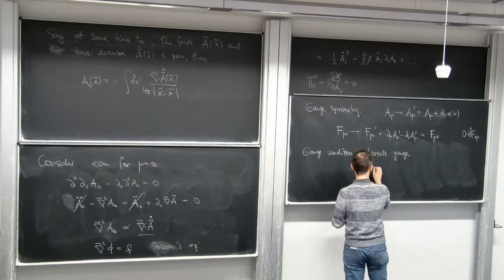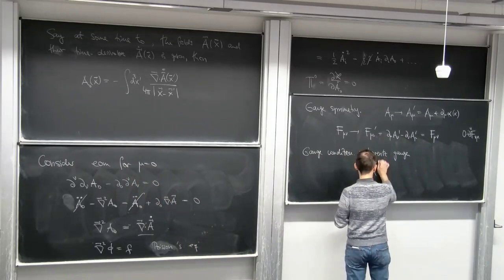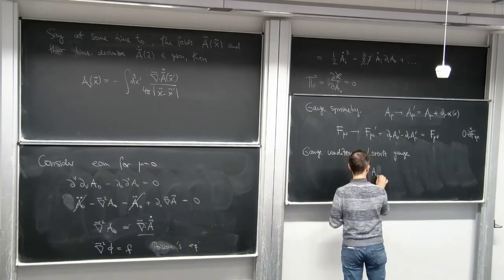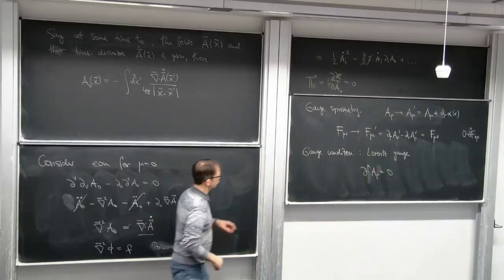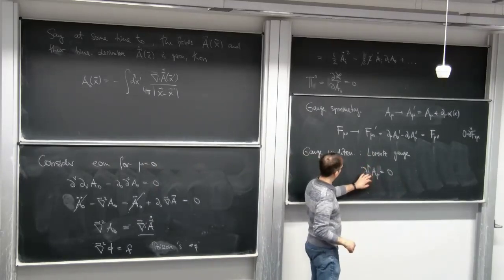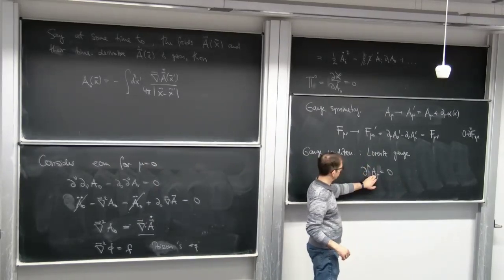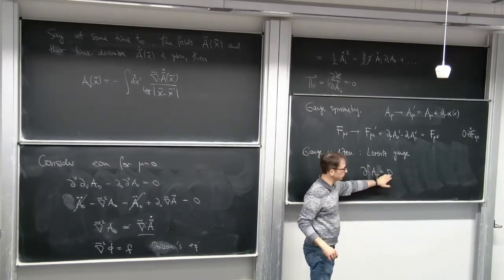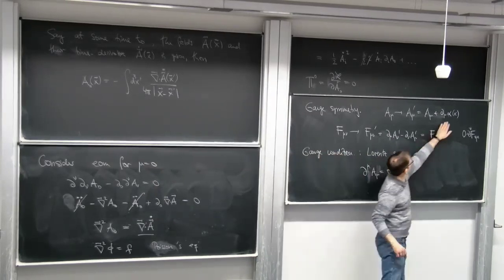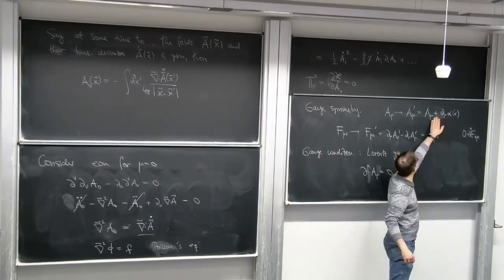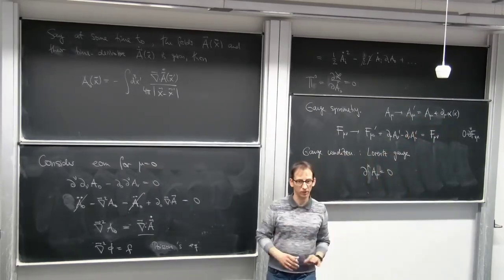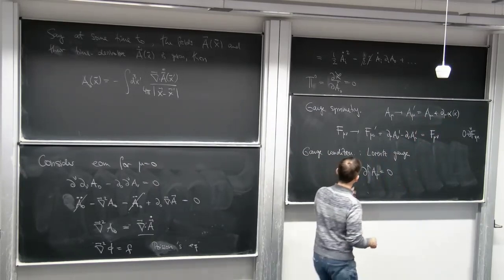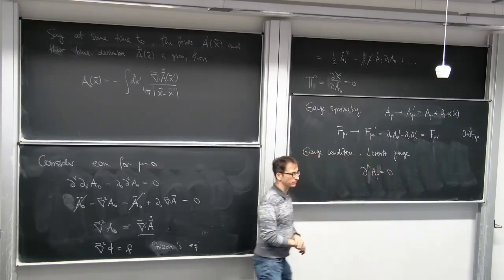And this says the divergence of A should be 0. And earlier we showed that this is possible. If you have a field A whose four-divergence isn't 0, then you can find a little alpha such that the new A prime has a 0 four-divergence. So I can always ask for this.